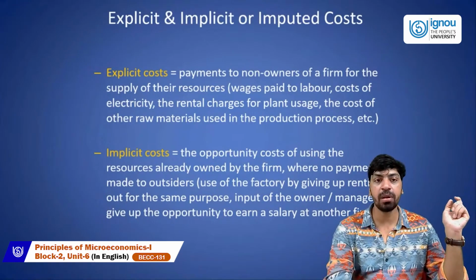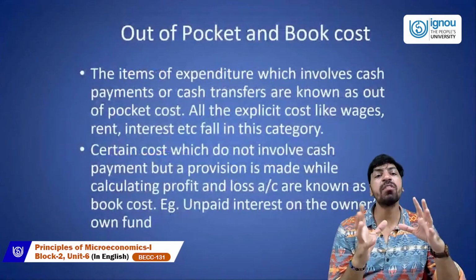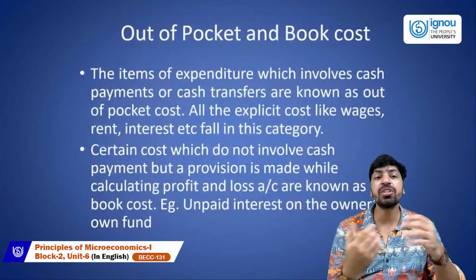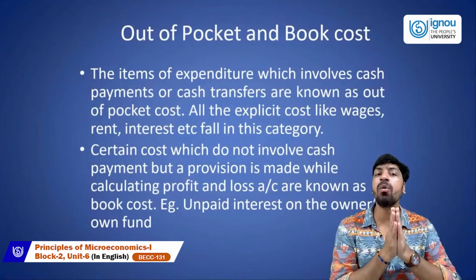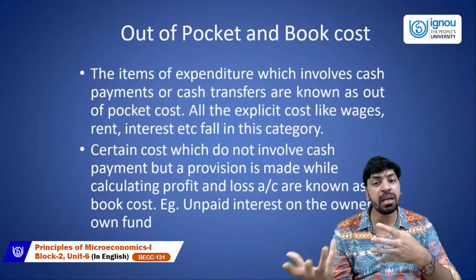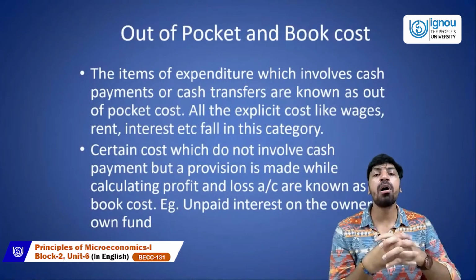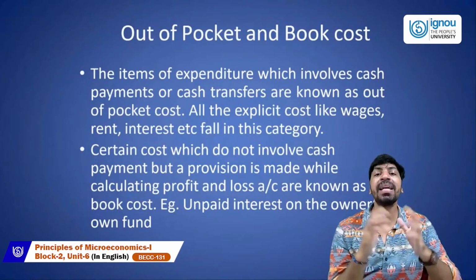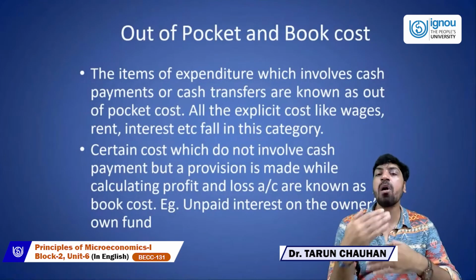Out of pocket and book cost. When we talk about out of pocket, the items of expenditure which involve cash payments or cash transfers are called out of pocket. So if anyone wants to buy clothing in a branded showroom, like Puma or United Colors of Benetton, it's very expensive and it comes out of your pocket.